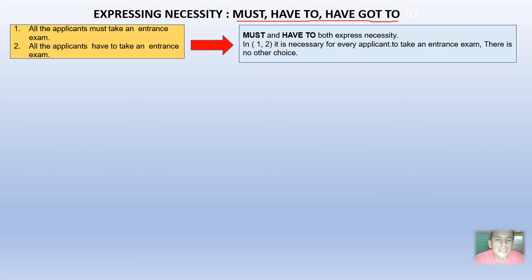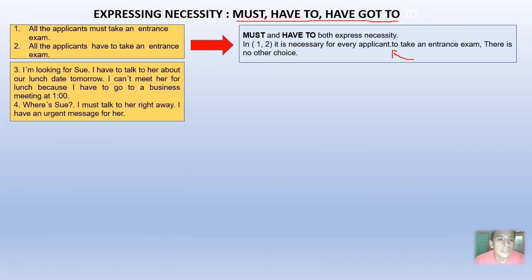Both express necessity. In sentences 1 and 2, it is necessary for every applicant to take an entrance exam. There is no other choice. You just do it.